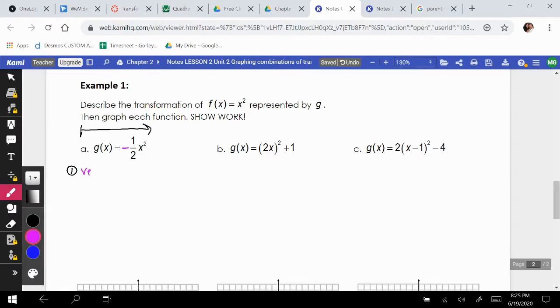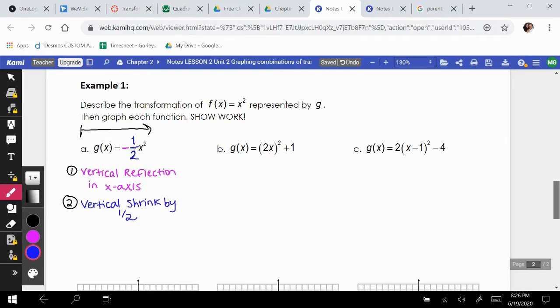That is going to indicate a vertical reflection in the x-axis, or over the x-axis. The next transformation I see is the 1/2. There's no parentheses around it, so again it's vertical. That's going to be a shrink by 1/2. I know it's a shrink because it's a number between 0 and 1.